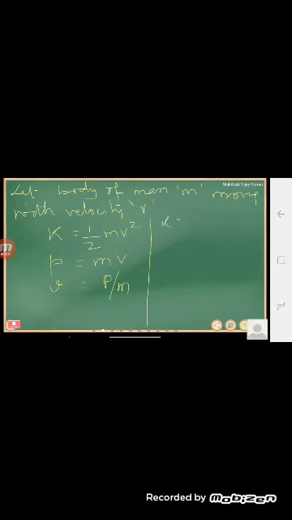So K can be written as half m into (p by m) whole square. Okay, so this we get as 1 by 2 m into p square by m square. So this will be cancelling. So K can be written as 1 by 2 p square upon m.